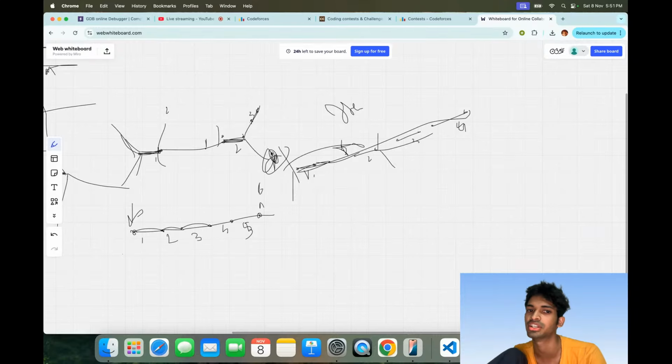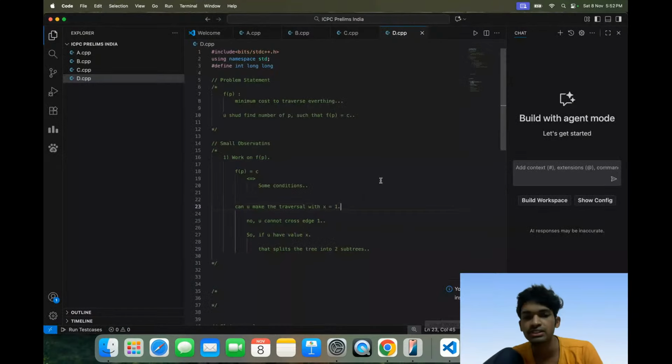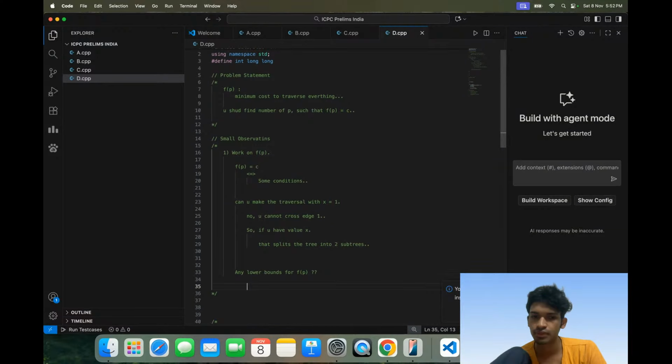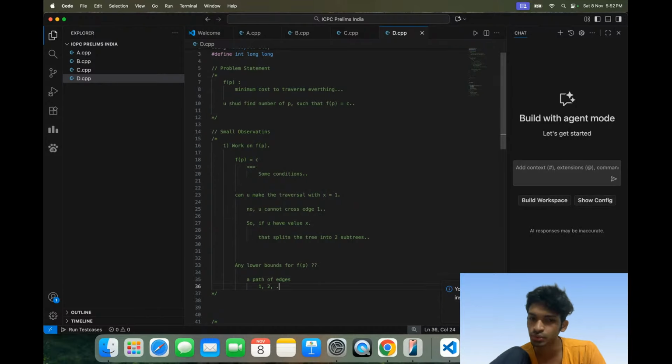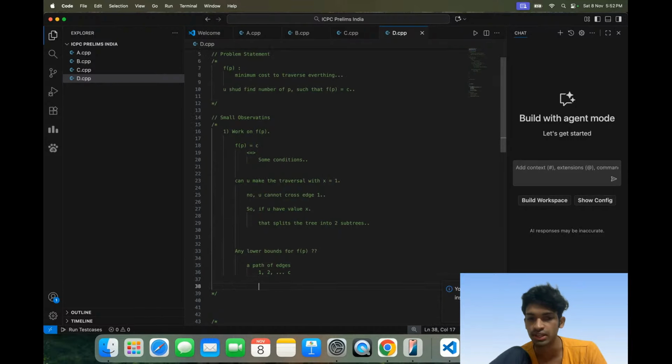And the initial 1 is here. So this is a lower bound. A path of edges 1, 2 up to so on c is a lower bound for f of p.